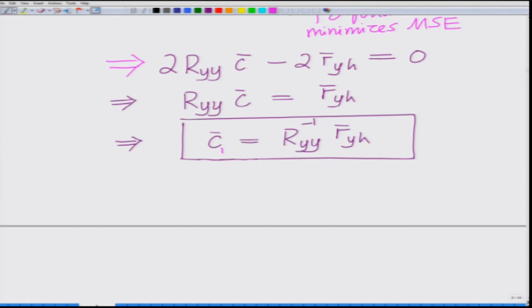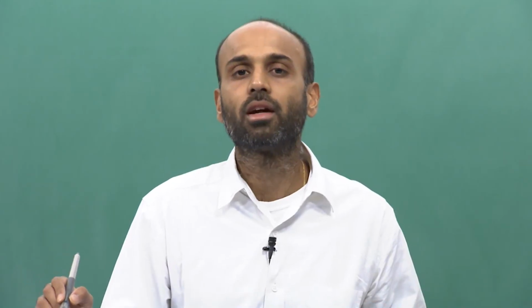So, this is now the vector which minimizes the MSE, that is, yields the minimum mean squared error, correct, and this is the combining vector c bar, that is c bar equals R y y inverse R bar y h.